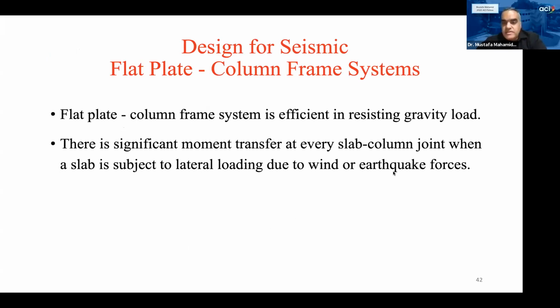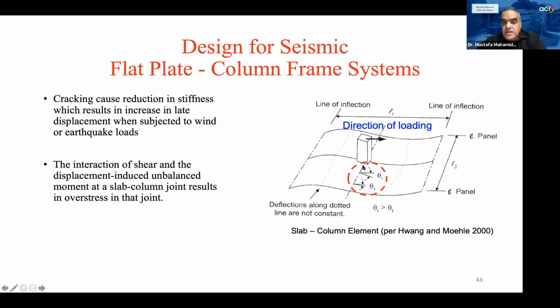So here you can see the slab column connection. We can see, closer to the connection, theta one, the rotation of the joint, and that reduces as we go away from the joint. So that's why, for example, for wind or for low seismic, that portion of the slab L2 with the column can act as a moment frame, but that's not allowed in high seismic areas.